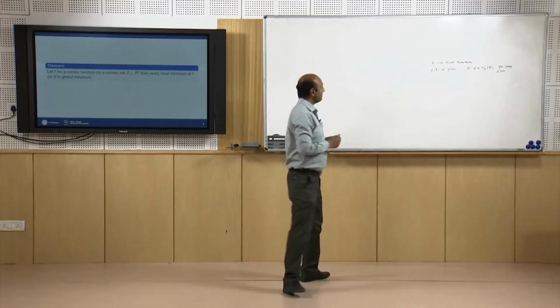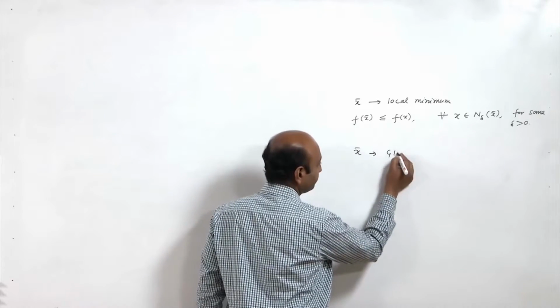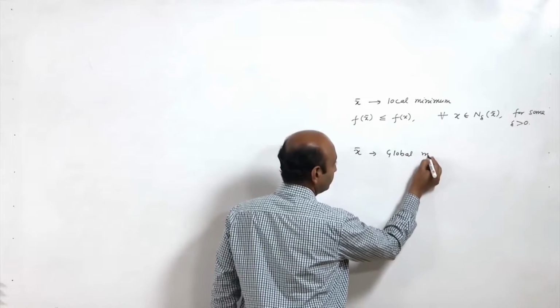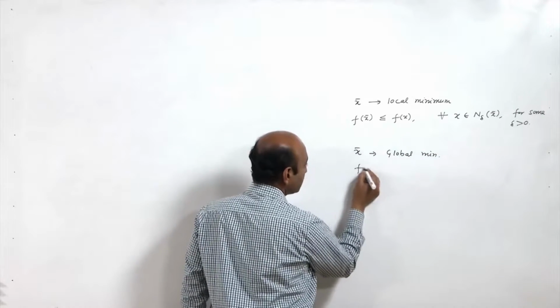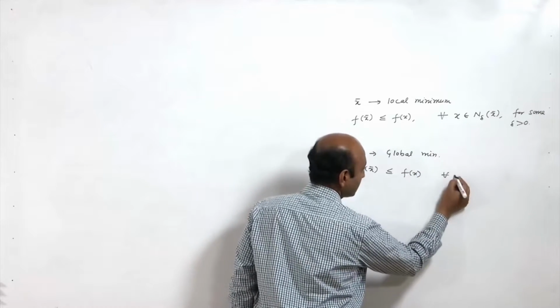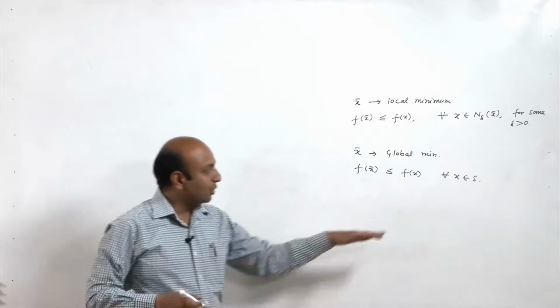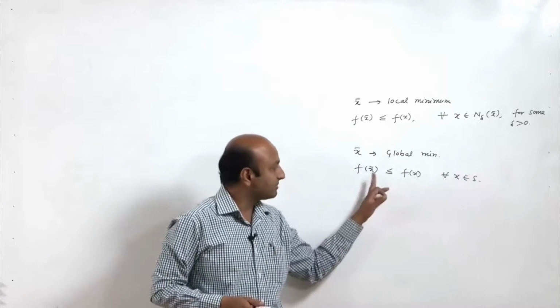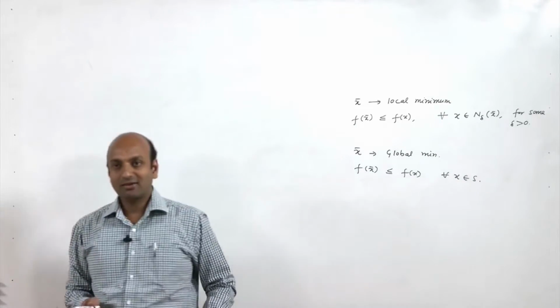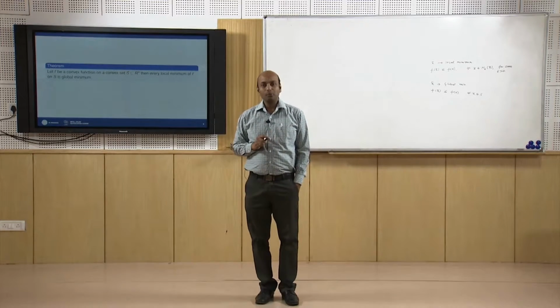And global minimum means x bar is global minimum, this means f(x bar) is less than or equal to f(x) for all x in S. For all x in the convex set S, f(x bar) is less than or equal to f(x). If this holds, then we say that x bar is the point of global minimum.